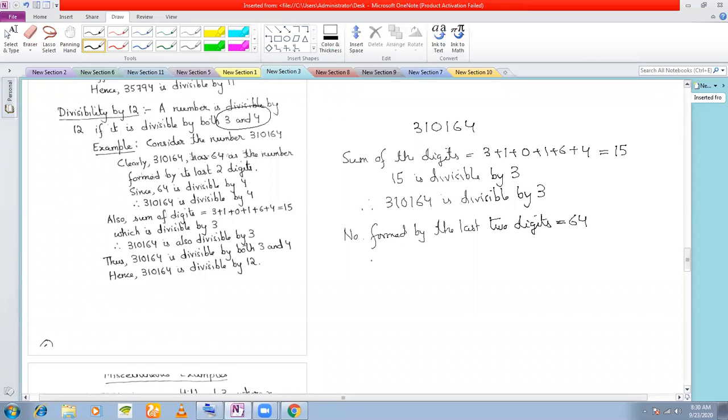Is 64 divisible by 4? Yes, 64 is divisible by 4.